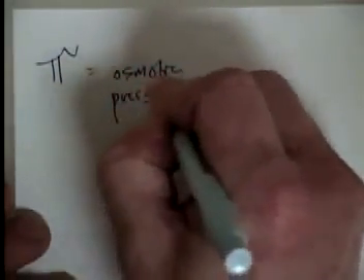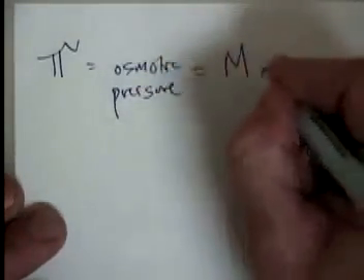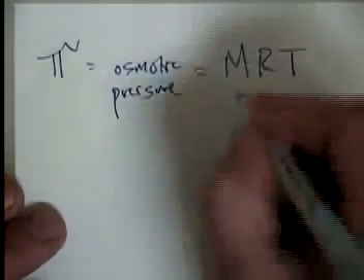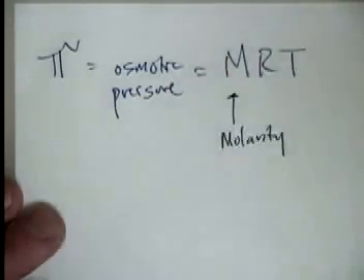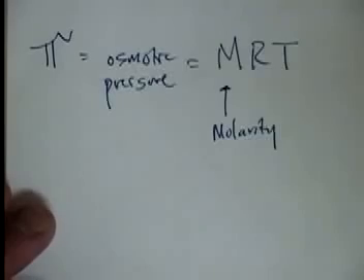Well, osmotic pressure actually has a calculation associated with it too. Osmotic pressure is symbolized by the Greek letter pi, and it's equal to capital M, R, T. Capital M stands for molarity, which is moles divided by liters.